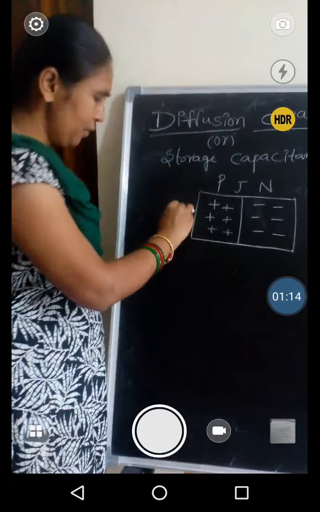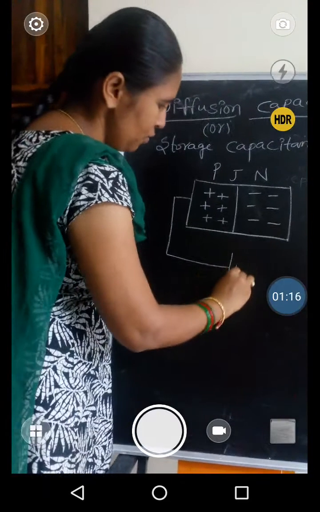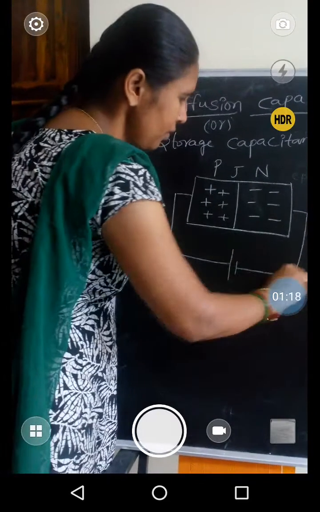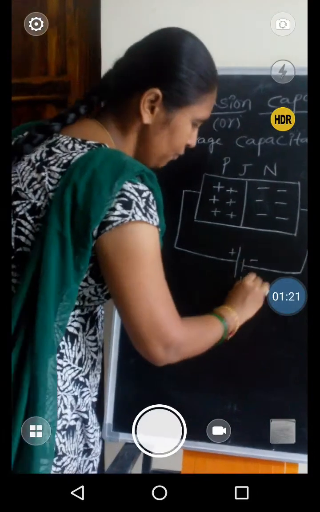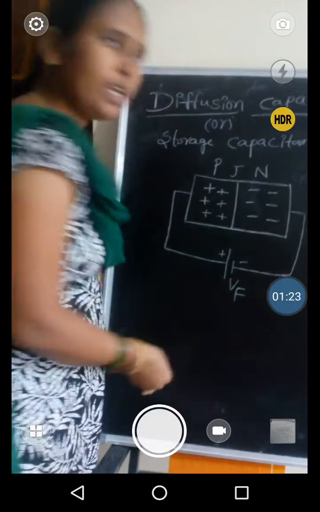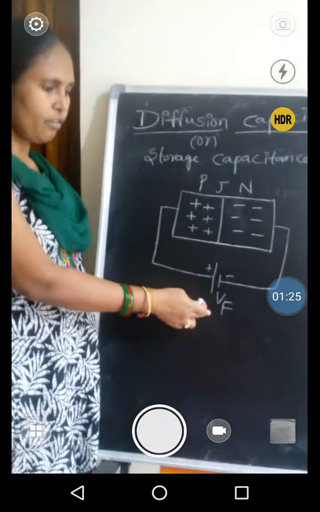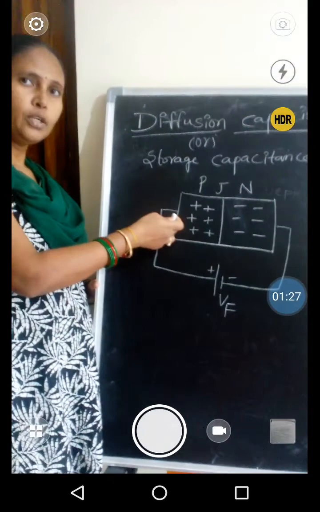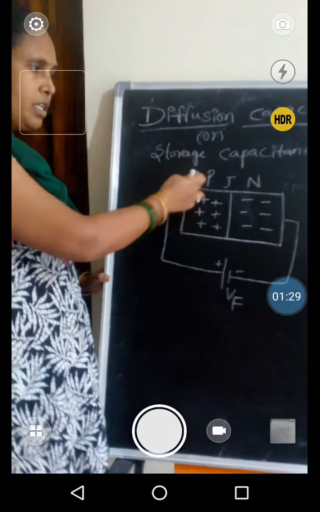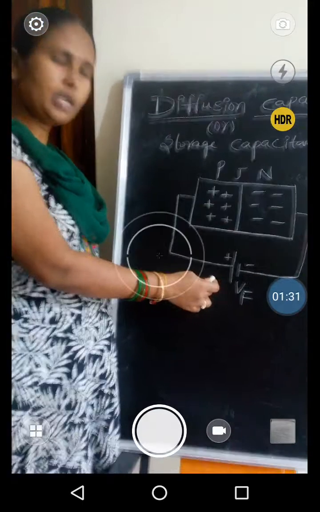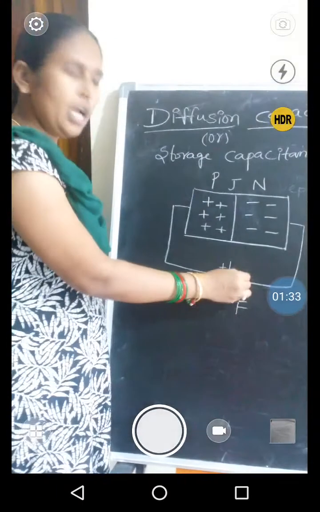We can apply forward bias to the p-n junction diode. This is positive, negative. This is the forward bias voltage Vf. When forward bias voltage is applied, the p region is connected to the positive terminal and the n region is connected to the negative terminal.